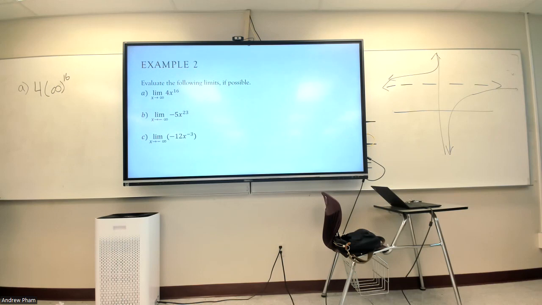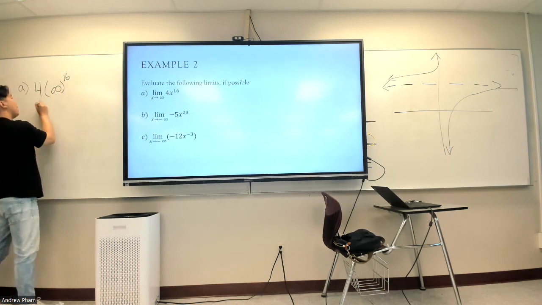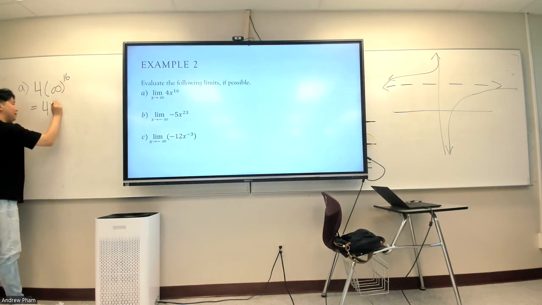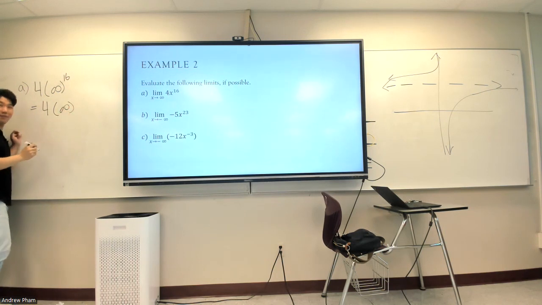So what do you think happens whenever I do infinity to the 16th power? Well, if I take a huge number and I take it to the 16th power, it just becomes an even huger number. So if I take infinity, multiply it by itself 16 times, that's just a bigger infinity. So breaking this down, I can say that this is still 4 times infinity.